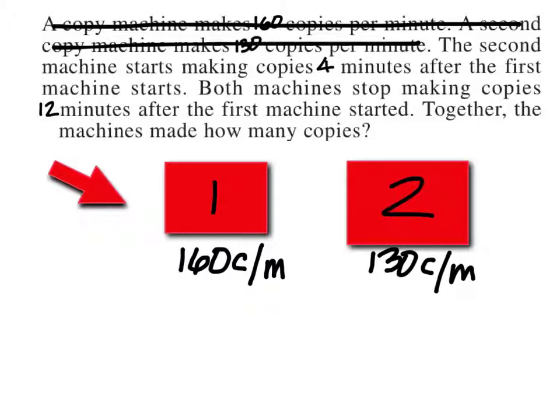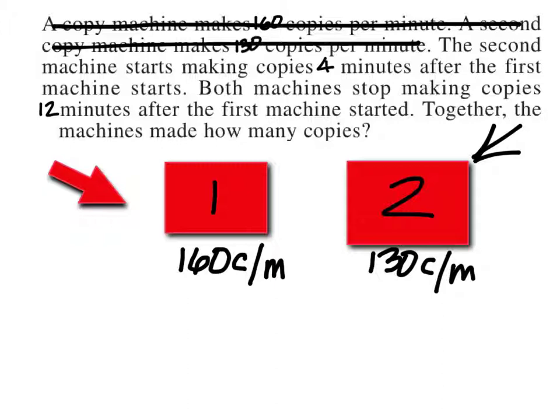Let's move to the next part. The second machine, which is this one, starts making copies 4 minutes after the first machine starts. The next one says both machines stop making copies 12 minutes after the first machine started.